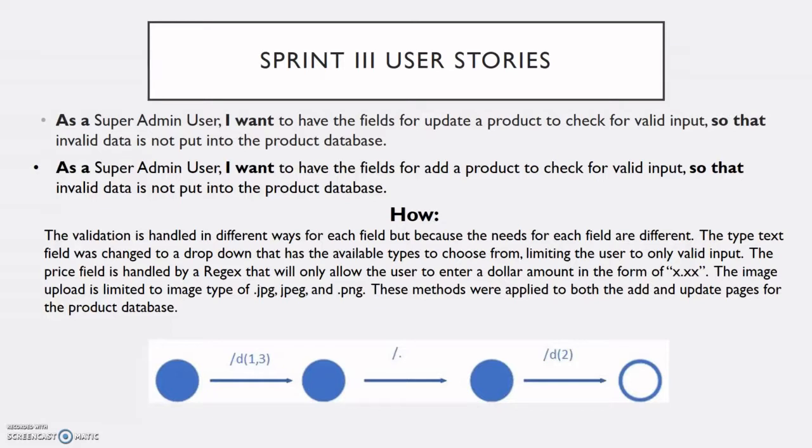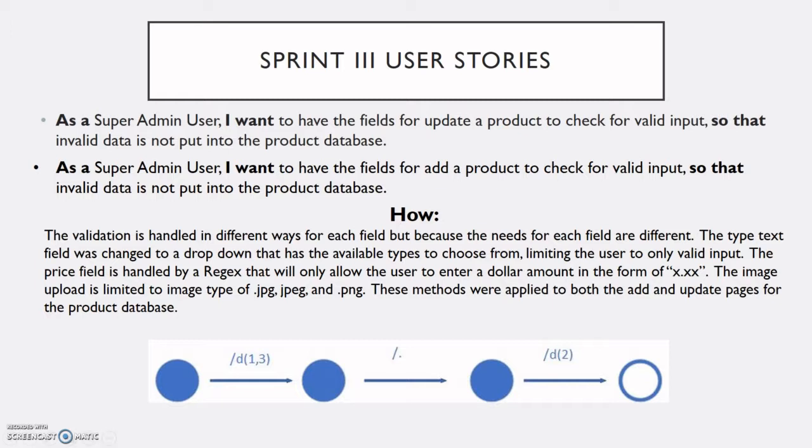The price field is handled by a regex that will only allow the user to enter in a dollar amount in the form of X period XX. The image upload is limited by type to JPEG and PNG. And these methods are applied to both the add and update pages for the product database.